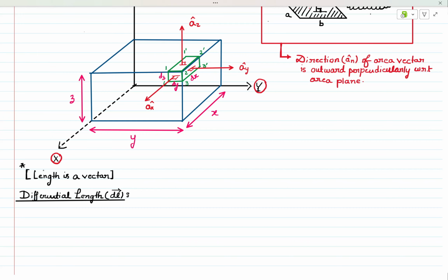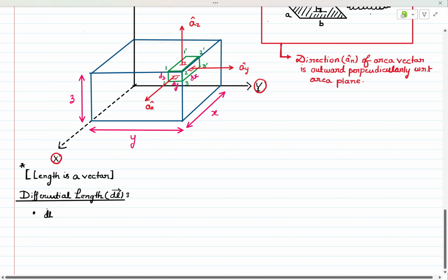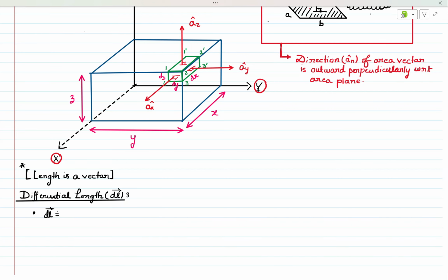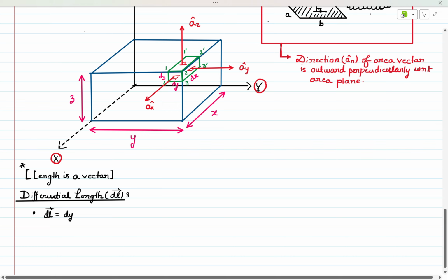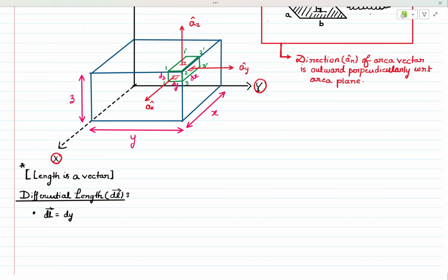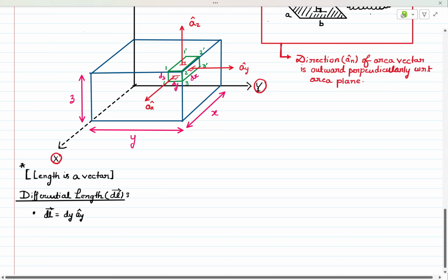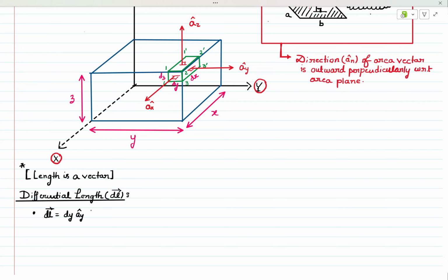Now if I consider the length dy, it is a vector, so dy must have a direction also. And this dy is in the direction of y. So I can write the differential length along the y direction as dy times the unit vector of y.